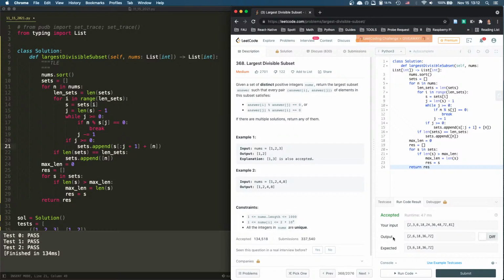If 6 is not inside, if a value is not inside the set that includes your factor. Let's say I find a set with 2, right? And I find a new value that's divisible by 2.